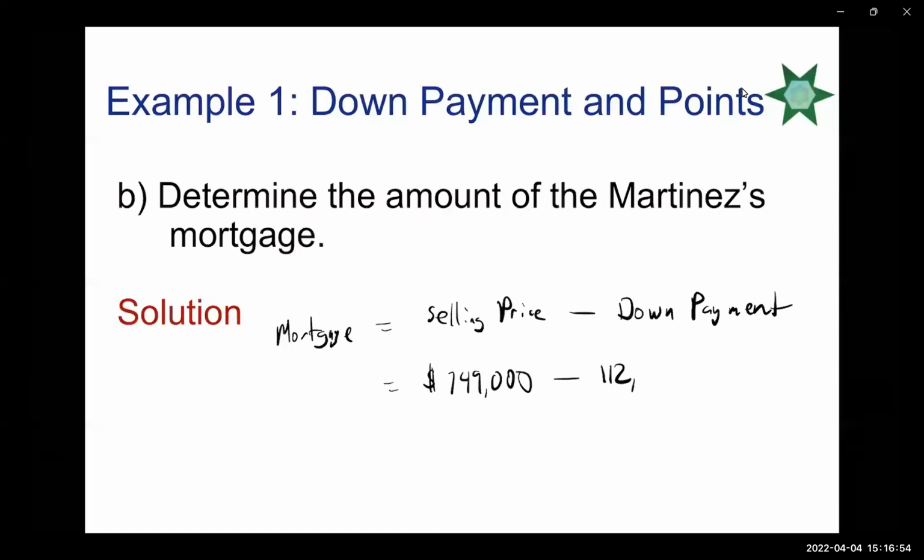Down payment is $112,350. So the mortgage is going to be whatever that difference is. And it turns out to be, this is how much they're going to owe the bank, $636,650 total is how much they have to pay back. Or that's how much they're going to have to borrow from the bank to pay off that mortgage. All right. Let's see what the next question is asking.